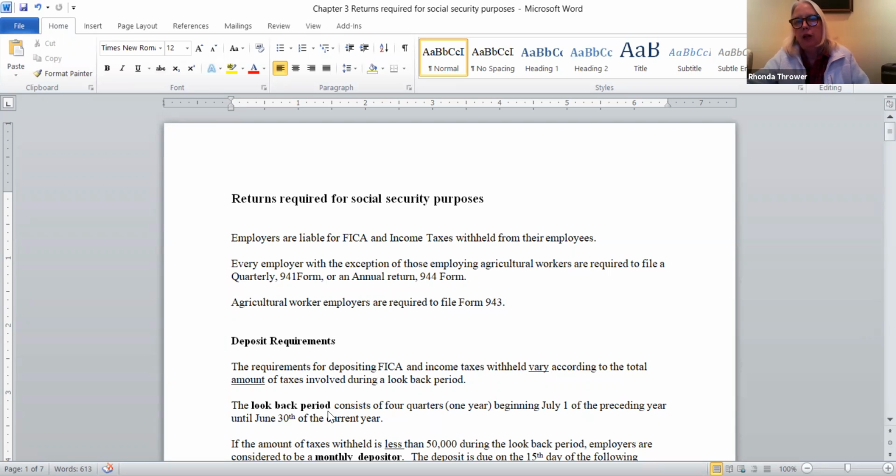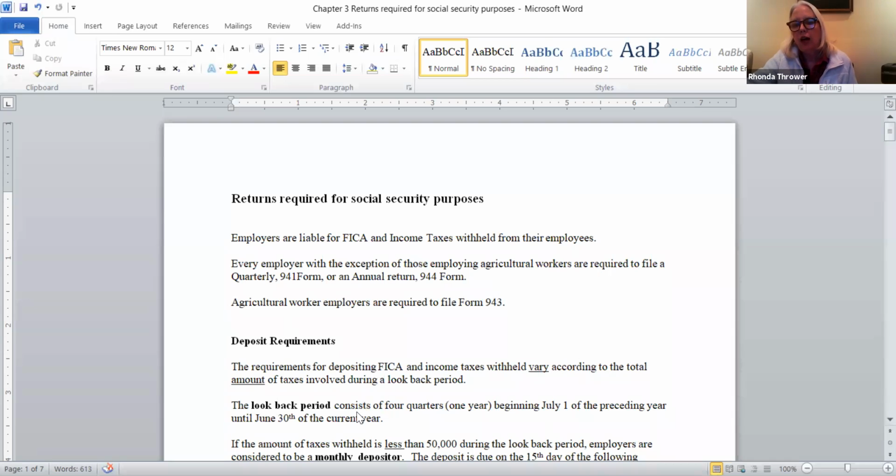The look-back period consists of 4 quarters. It's 1 year that begins on July 1st of the preceding year and goes to June 30th of the current year. So we have to look at the look-back period first to see how many taxes we're going to be paying.